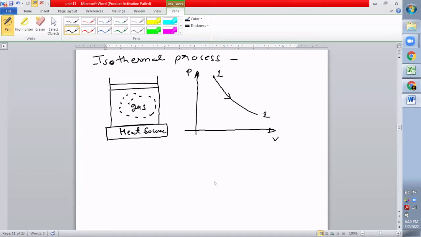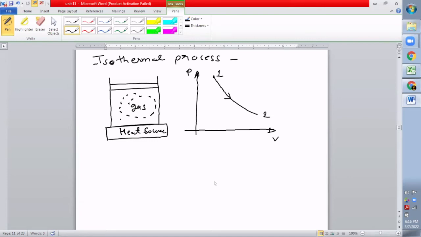If the gas starts to expand, the temperature will drop, so the temperature at point 1 will be different from the temperature at point 2, and we cannot maintain constant temperature.